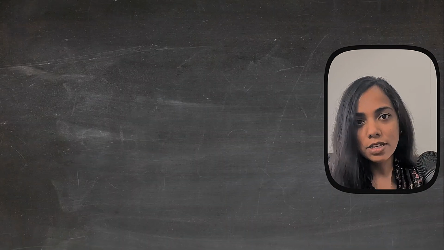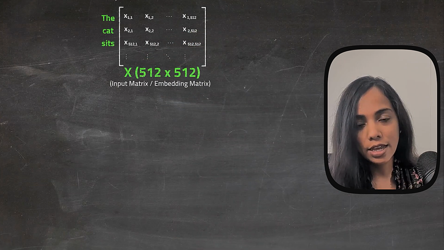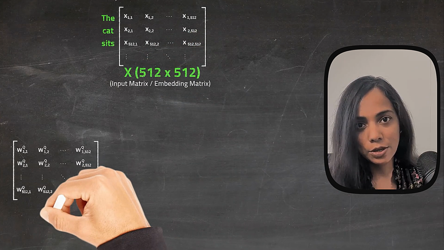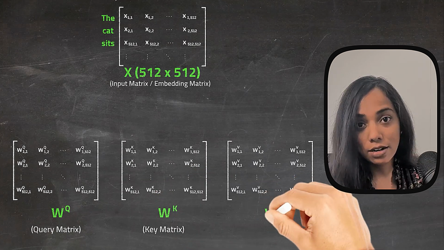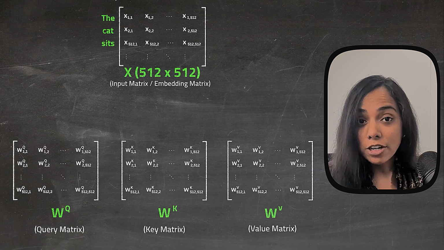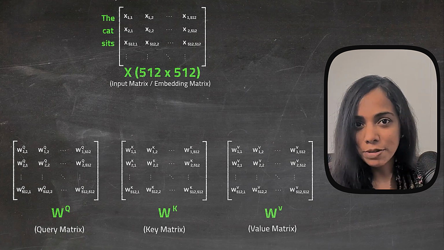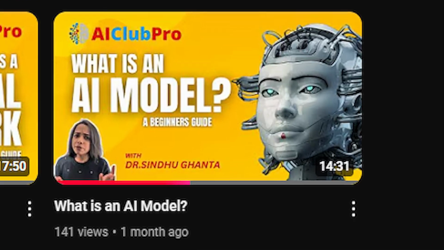Attention mechanisms use 3 matrices called query, key, and value, Q, K, and V. These matrices are learned during the training process and they stay fixed once training is done. If you're unsure about what model parameters mean, please check out our previous video, What is an AI model?